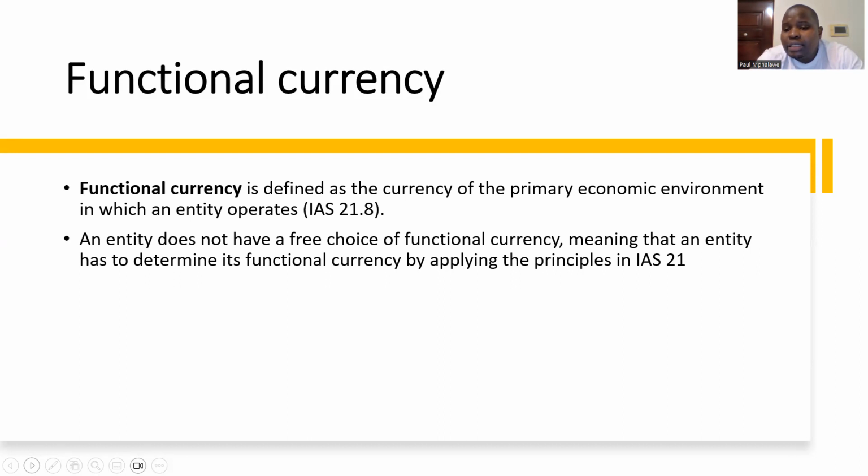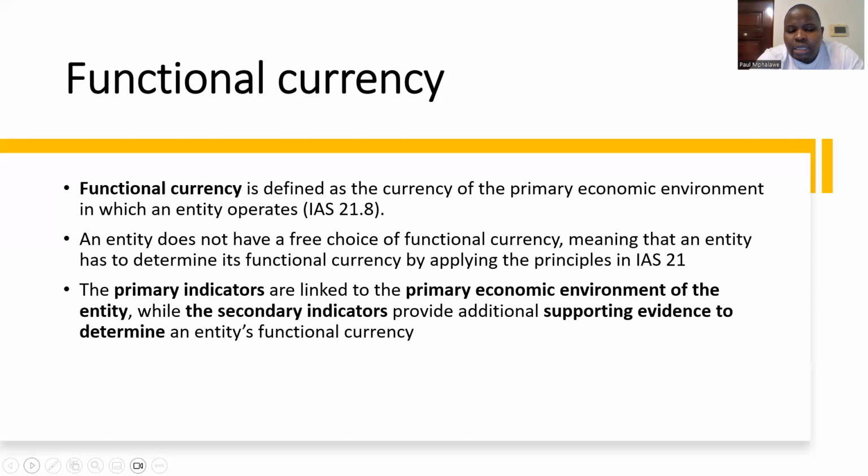That is to say that an entity has to determine its functional currency by applying the principles prescribed in International Accounting Standard number 21. There are rules and regulations that you need to use as per IAS 21 in how to determine a functional currency.